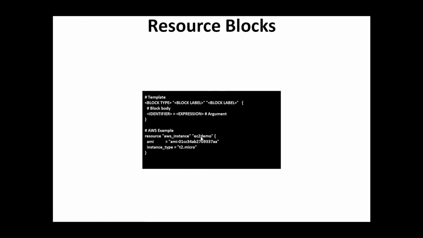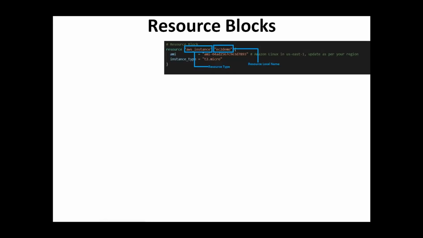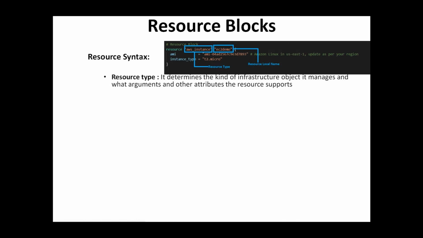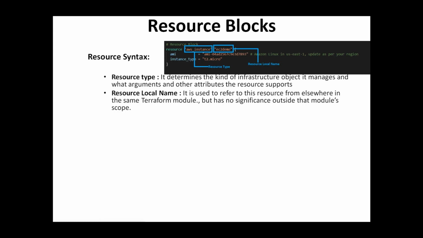We also need to understand the syntax in naming conventions. So first is resource type. So resource type, it determines the kind of infrastructure object it manages and what arguments and other attributes the resource supports. Next is resource local name, which is EC2 demo in here.